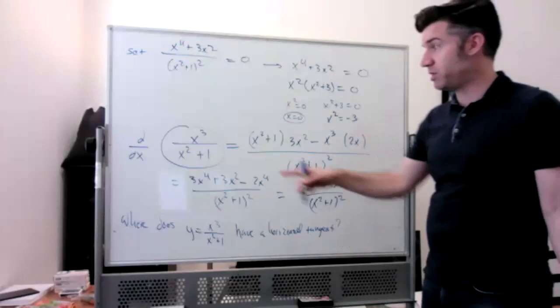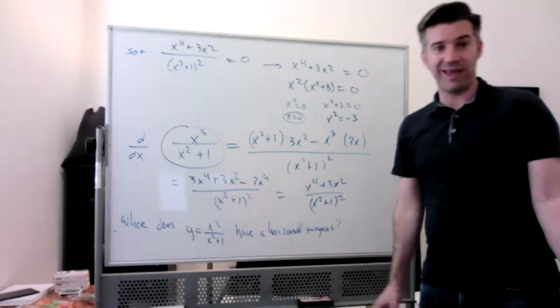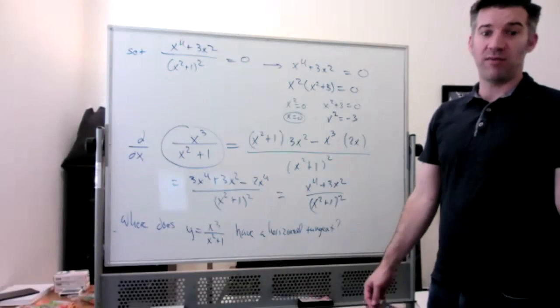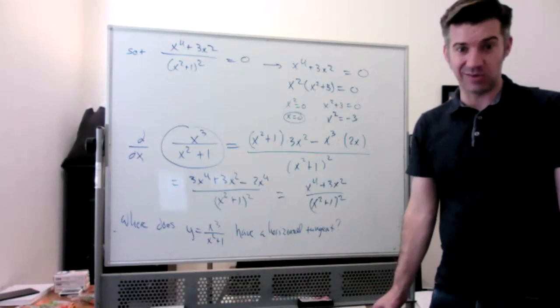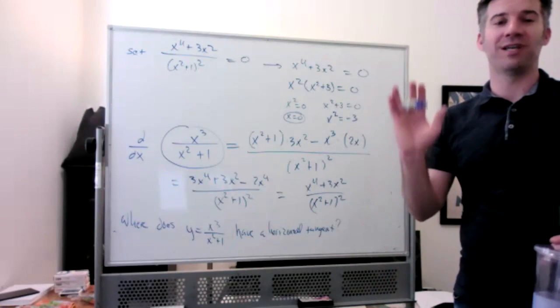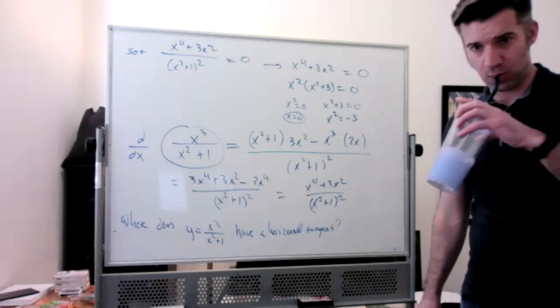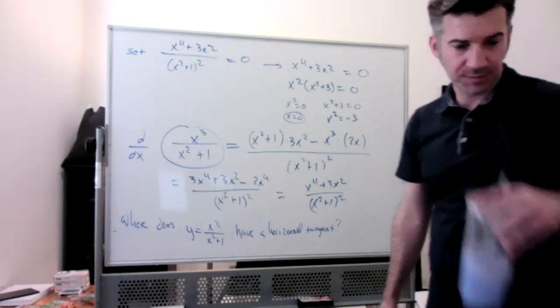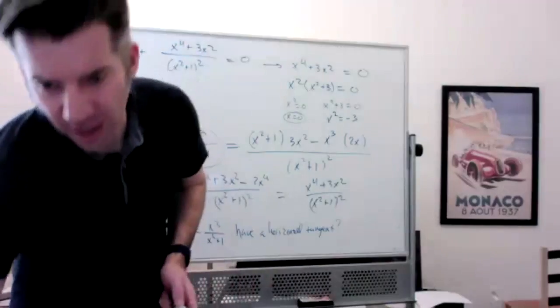So for this particular function, y equal to x cubed over x squared plus 1, we have a horizontal asymptote when x is equal to 0. I should say, not a horizontal asymptote, a horizontal tangent line. Sorry about that. Let's look at another example.